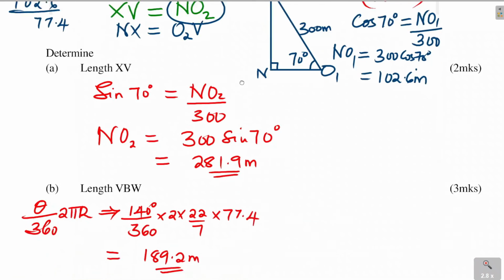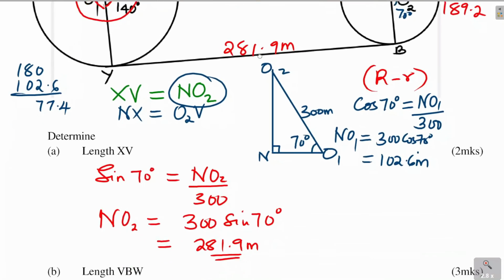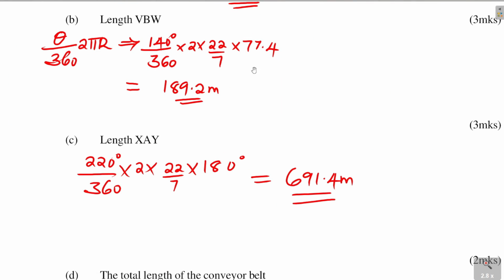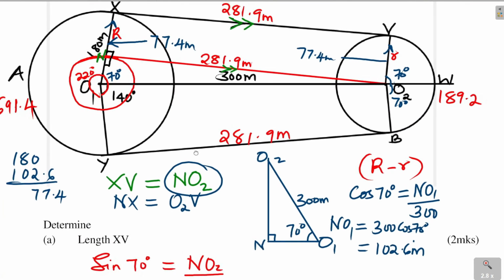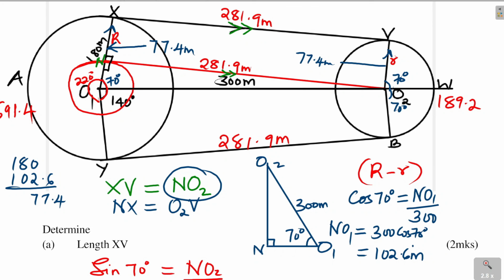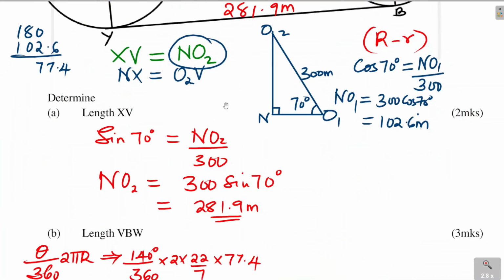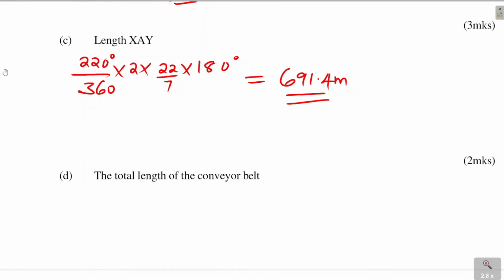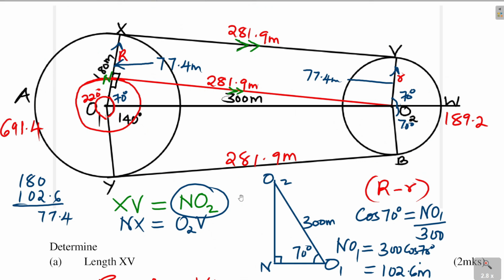Then VBW, we got it as 189.2, and then XAY is 691.4. So having all the measurements, we just need to add everything round. We have 281.9, which you multiply by 2 since we have two sides, XV and YB.